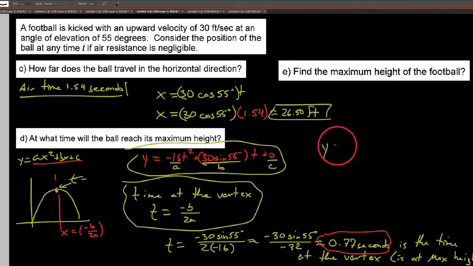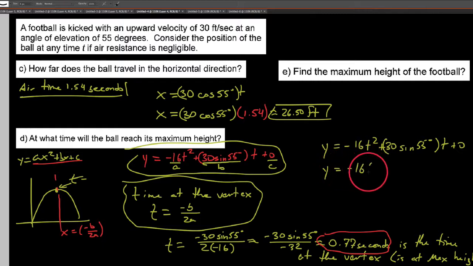So y equals negative 16 t squared plus 30 sine 55 degrees t plus 0. Let t equal 0.77 seconds, squared, plus 30 sine 55 degrees times 0.77 seconds, plus 0 for our initial height.